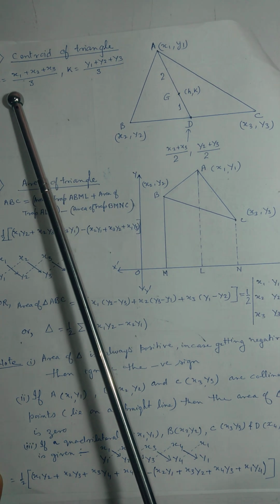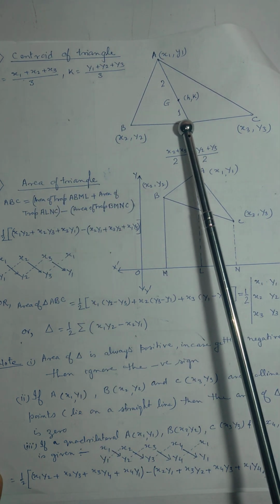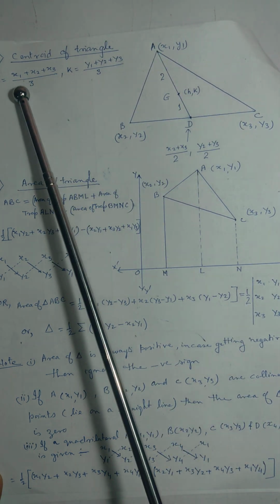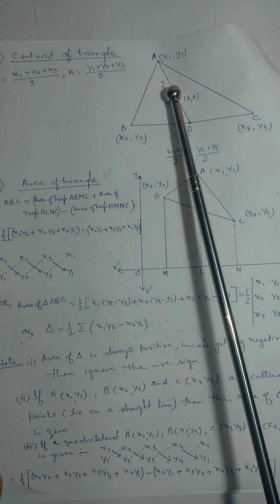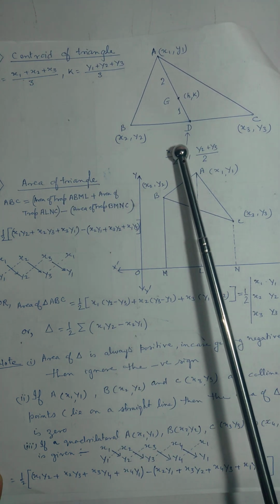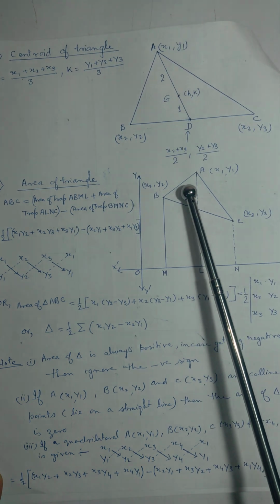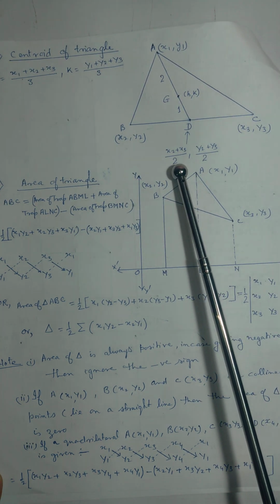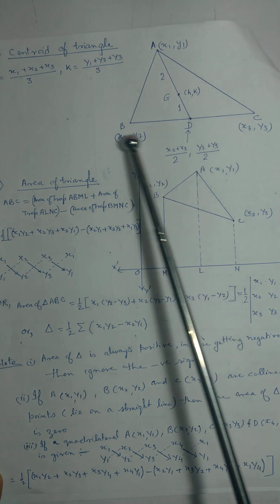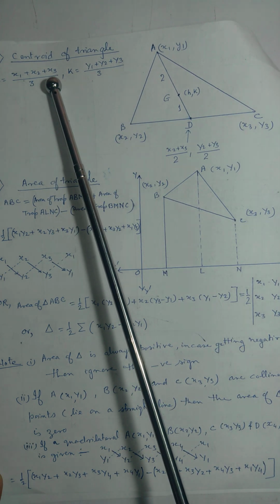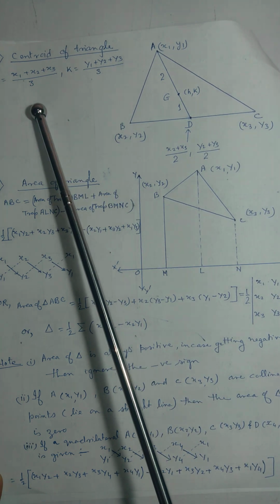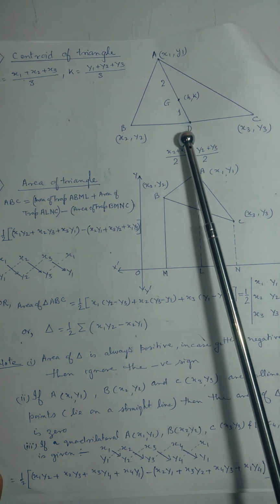So here you see x1: 1 should be multiplied to x1, it will be x1, while you multiply 2 to this abscissa, that is (x2 plus x3) by 2. So 2 and 2 will be cancelled, and we are left with x2 plus x3. In the denominator, we have to add 2 plus 1, that is 3.